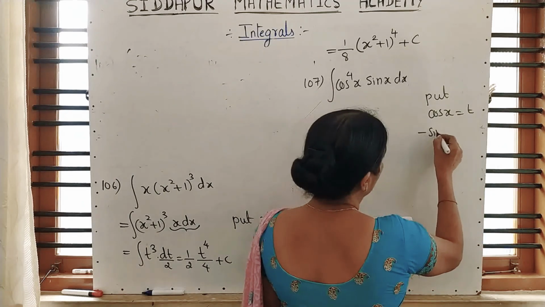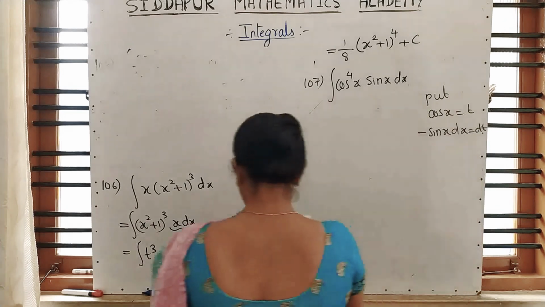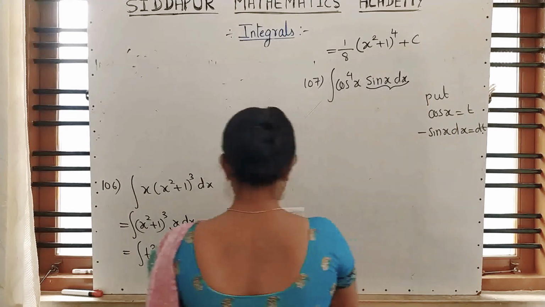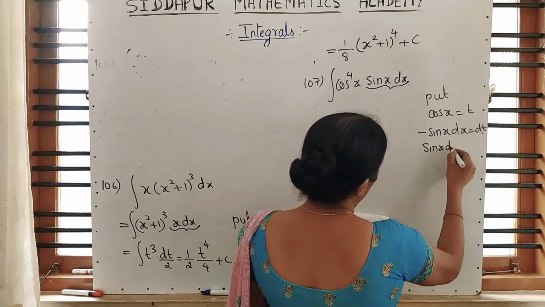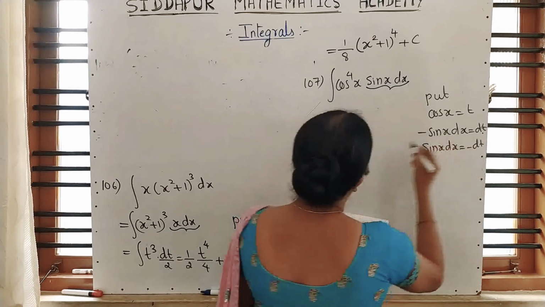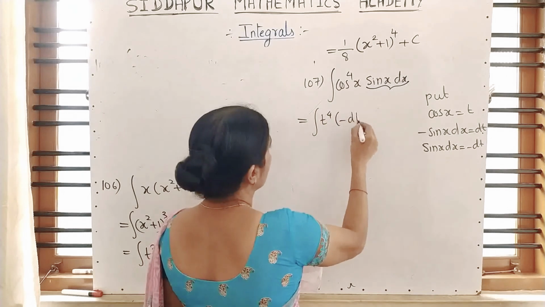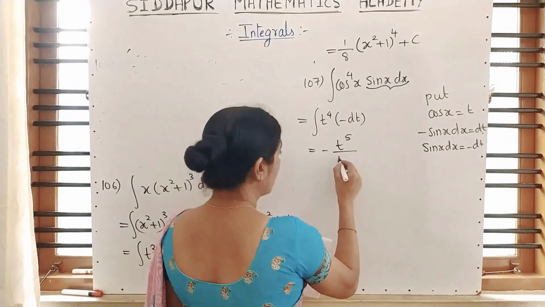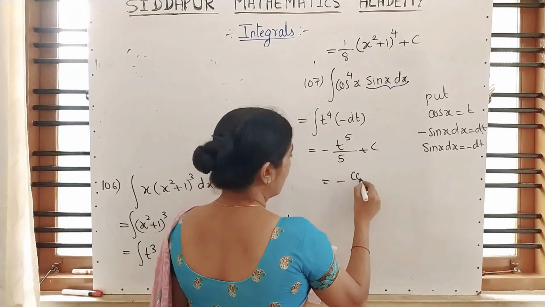Differentiation of cos x is minus sine x into dx is equal to dt. But here we require only sine x into dx, not minus sine x. That's why sine x into dx will be minus dt. This is t raised to 4 minus dt. Minus outside, integration of t raised to 4 is t raised to 5 upon 5. Write down that t value.